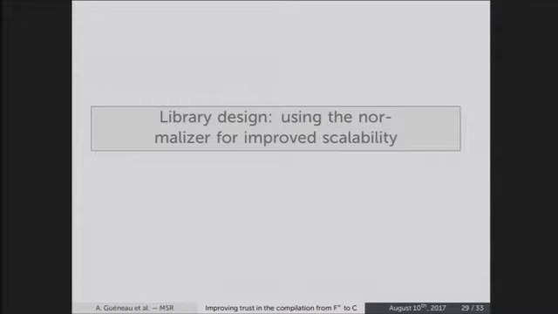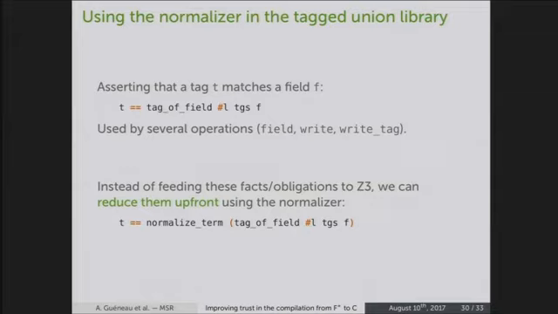And then we can play some tricks and use the normalizer some more in the tag library itself to try to improve a bit the performance profile. Many operations in the library, namely field write and write tag, have to require or ensure that some tag matches some field.